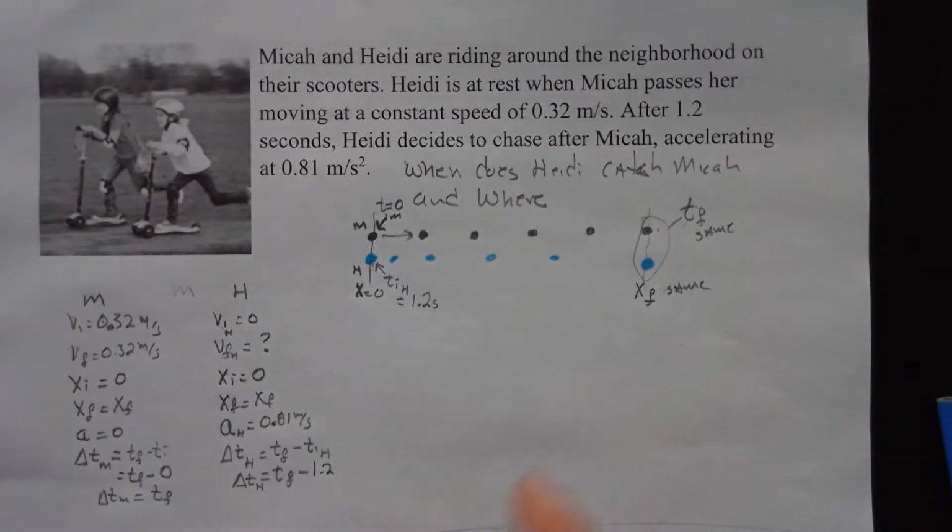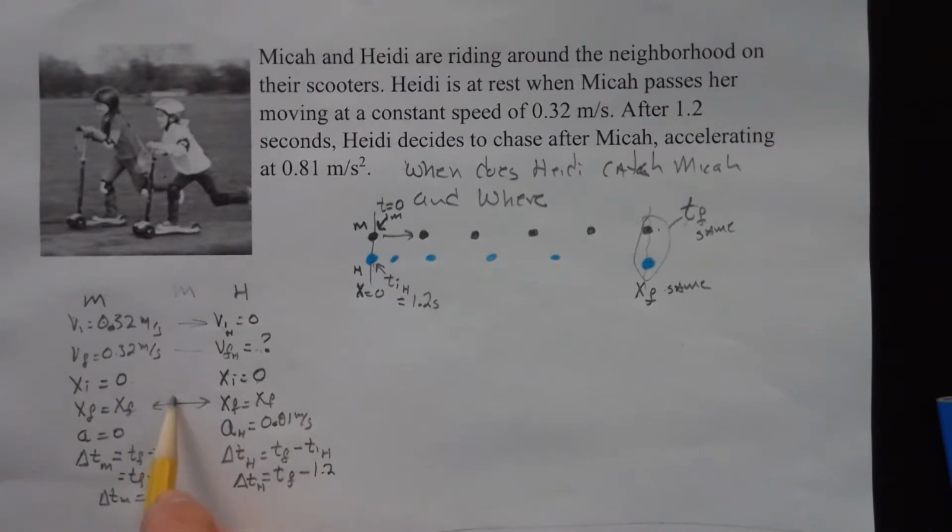So, looking this over, what do we know? We know a lot of stuff there. Don't know this, don't want it, pretty sure I want to avoid that. Don't know the initial and final positions, but they are the same, so that's valuable. I know the accelerations.